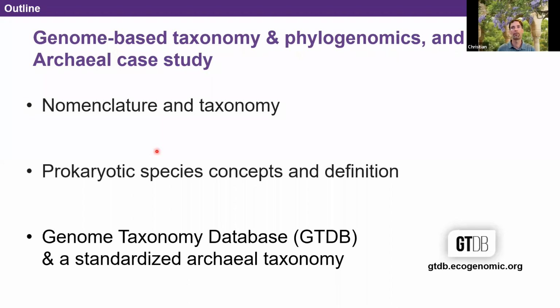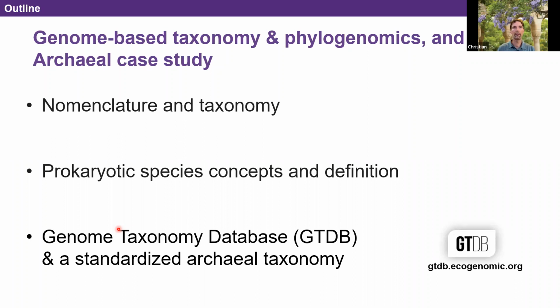Then we will quickly look into the prokaryotic species concept and the definition. And then finally, we look into a genome-based taxonomy, and I will do that with the Genome Taxonomy Database, GTDB, since I'm a member of the curation team of GTDB, and we'll apply an archaeal case study to show you how we standardize taxonomy.